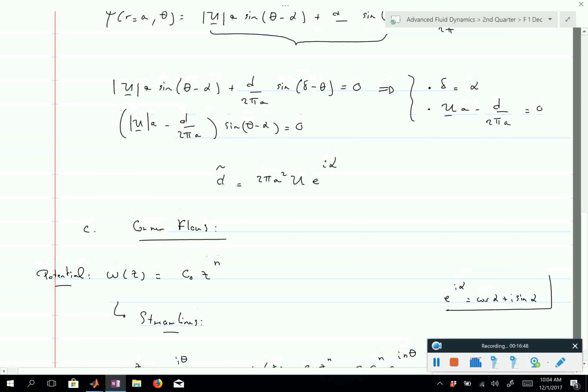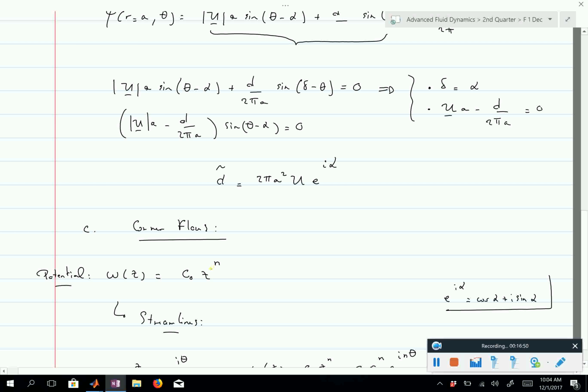If now n is larger than 1, say n equals 2, for instance, then when you differentiate and get to the velocity field, what is your velocity field going to be? It's going to be 2 times c naught times z. The z goes to the numerator now. So when z goes to 0, your velocity goes to 0.